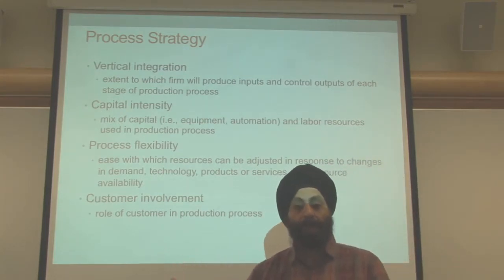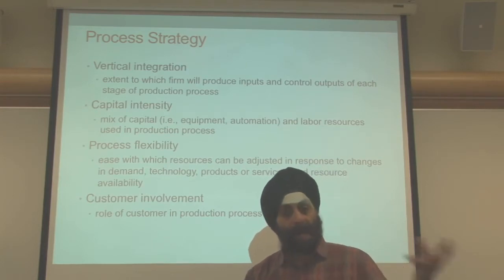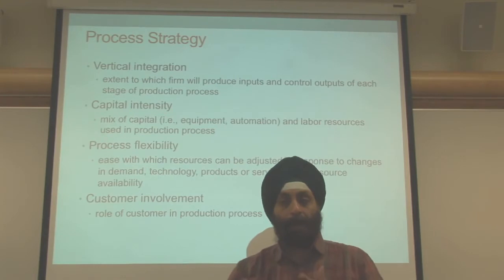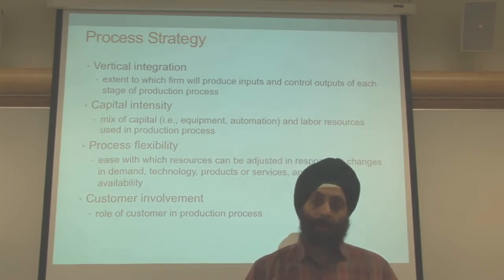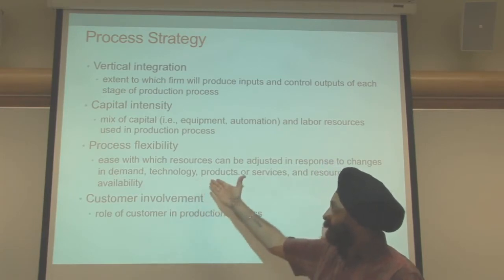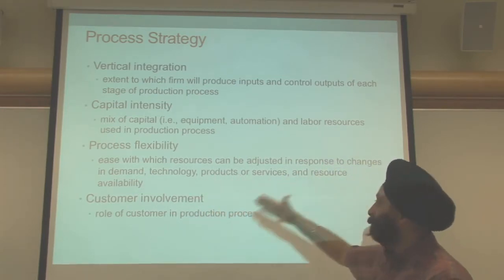So that's the definition. Higher capital intensity refers to a higher level of automation. Lower capital intensity means more manual work by actual human beings. And process flexibility, that we talked about earlier, is the ease with which resources can be adjusted in response to changes.